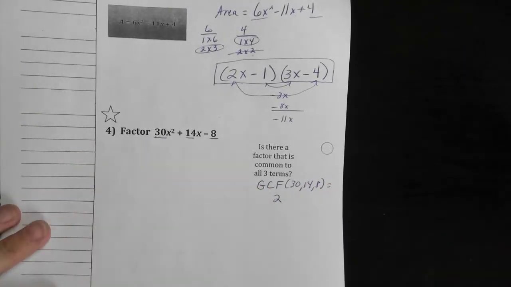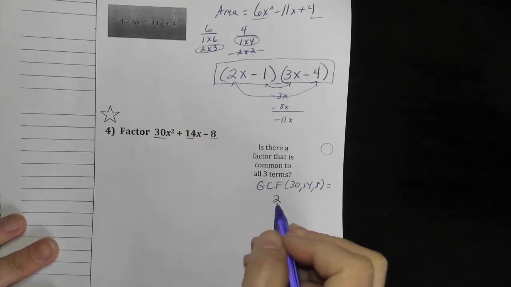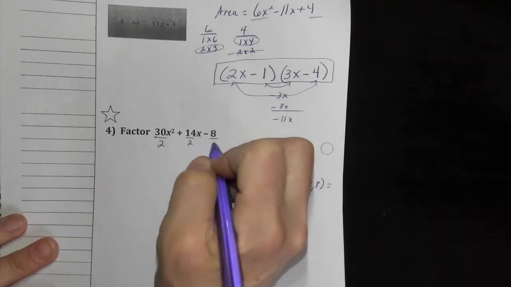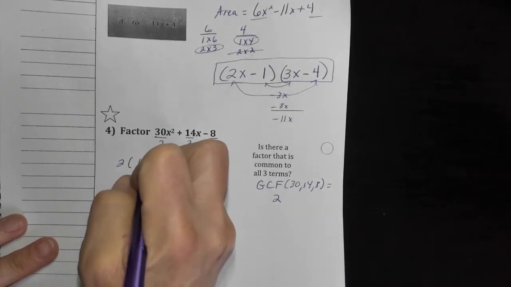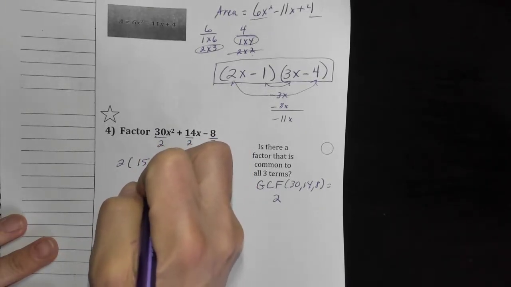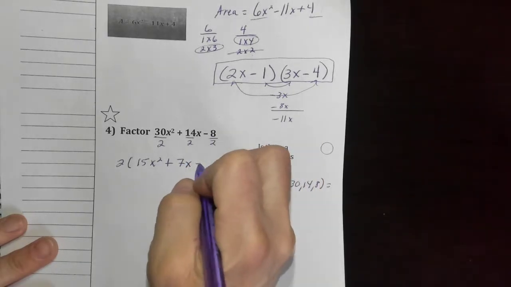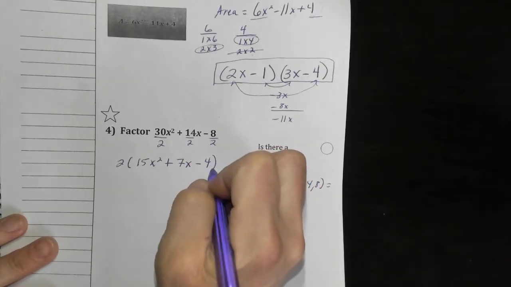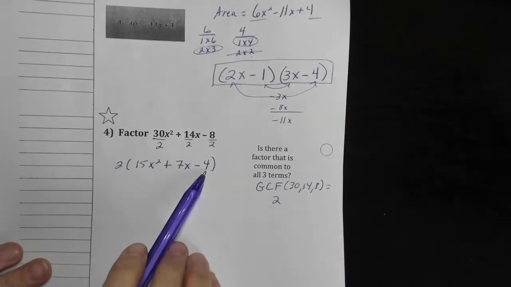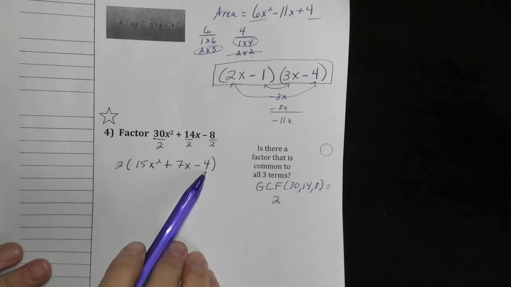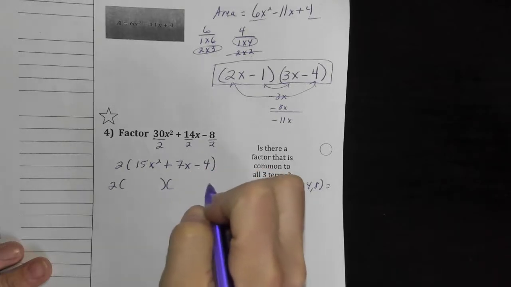So before I even start pulling apart my trinomial, my quadratic trinomial, I'm going to factor out a 2. Divide everything by 2. So I'm going to get 2 times 30 divided by 2 is 15. X squared plus 14 divided by 2 is 7x minus 8 divided by 2 is 4. All right. Now if I double check, 15, 7, and 4 do not have a greatest common factor. So now I can continue on. Remember, 2 is still part of the factored form.